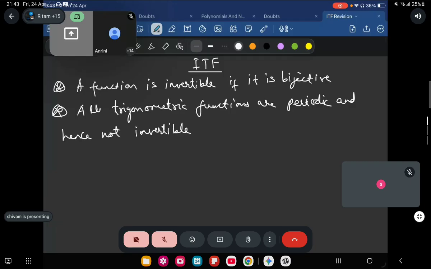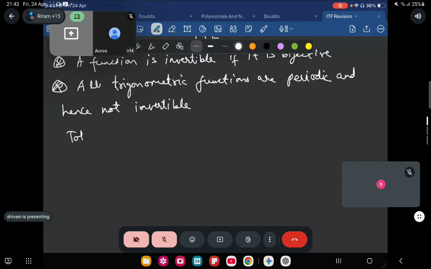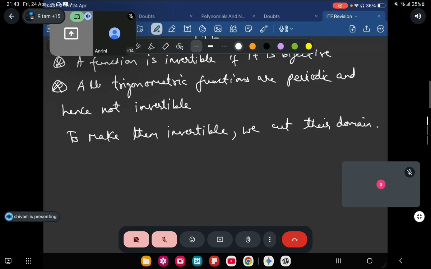So to make them invertible, we cut their domain.